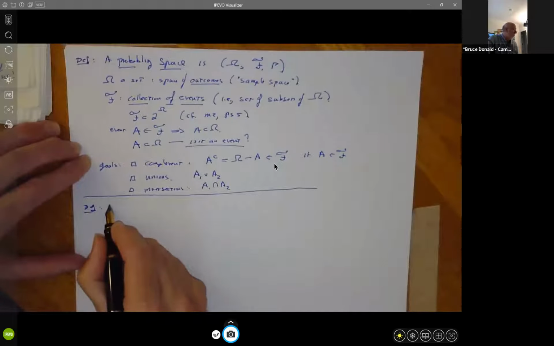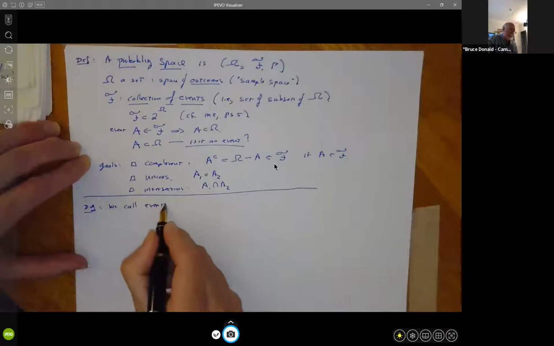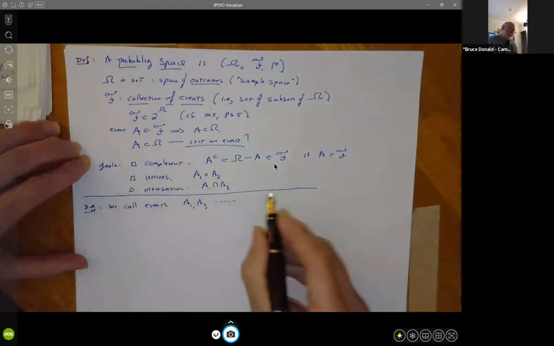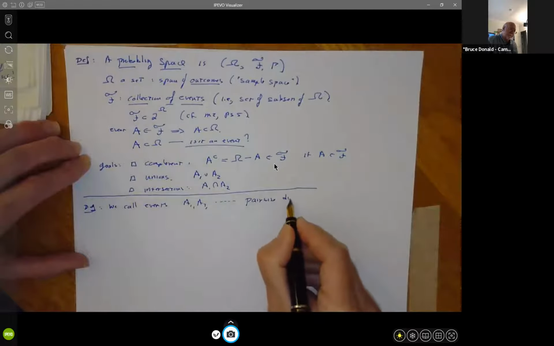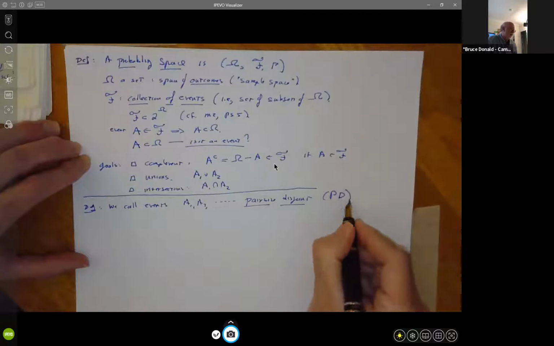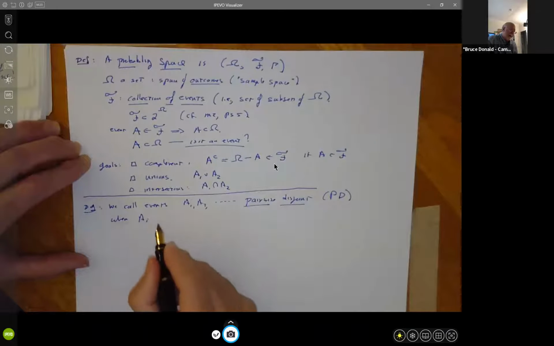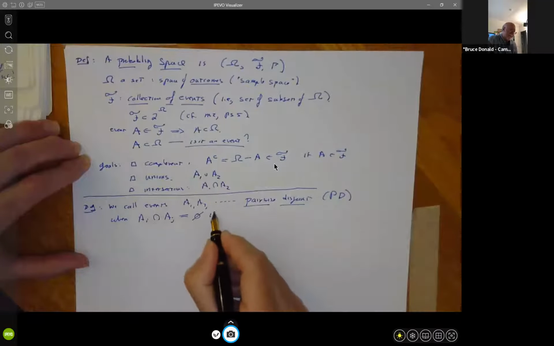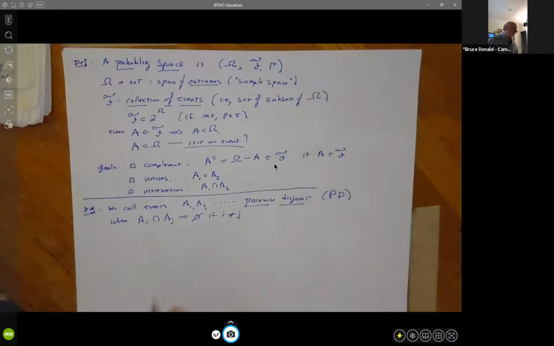We call events, let's have an infinite series, A1, A2, all the way up to infinity, pairwise disjoint, which in this lecture I will abbreviate PD, but that's not a standard mathematical abbreviation, when Ai intersect Aj is equal to the null set if i is not equal to j. So every pair of these has no intersection.